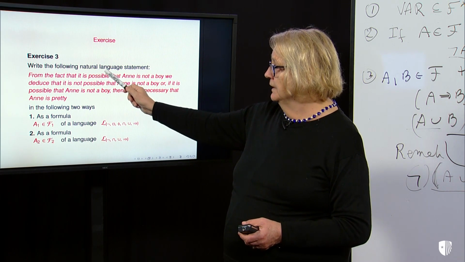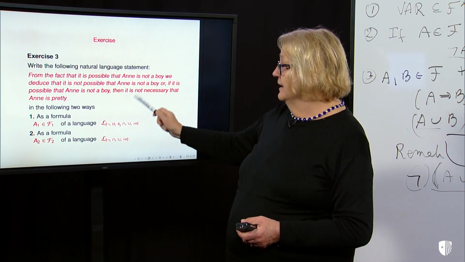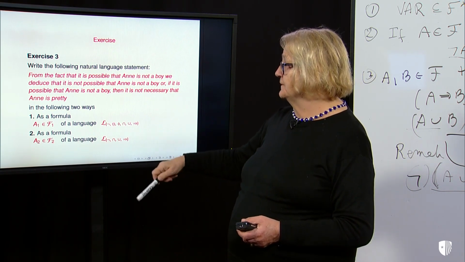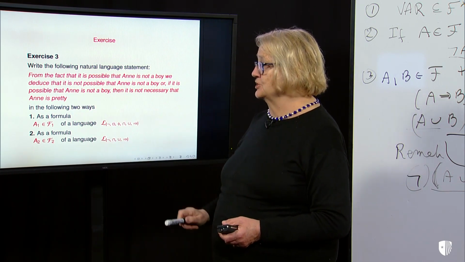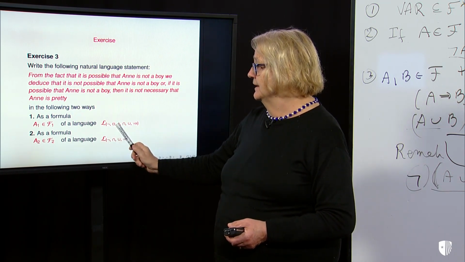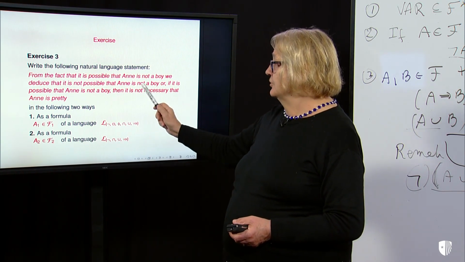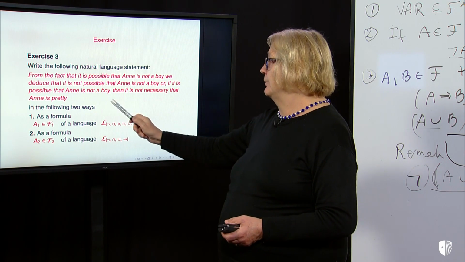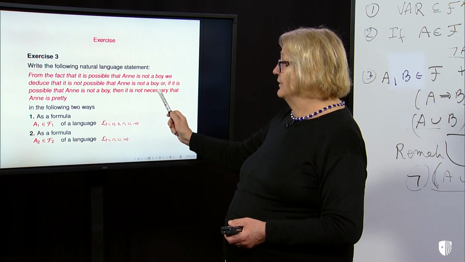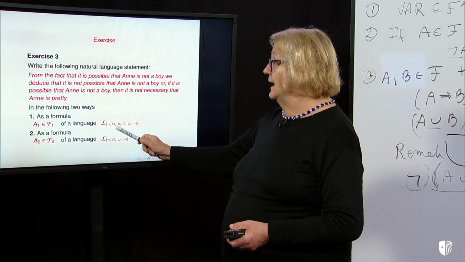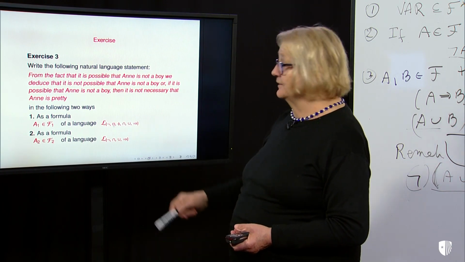You see here, possible is this. Not is negation. Can deduce is implication. Not is negation. Possible, you have this. Not a boy, if it is possible, not a boy, that is not necessary, not is negation. You have necessary, and so necessary becomes this connective.